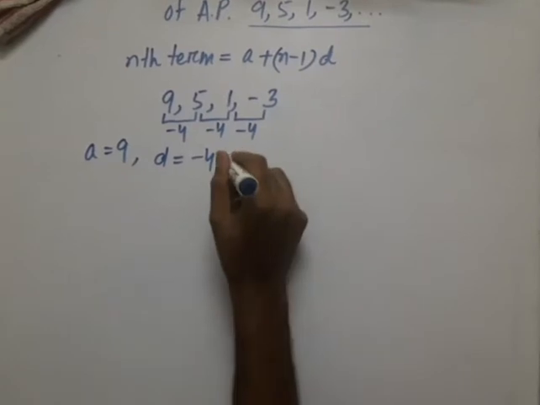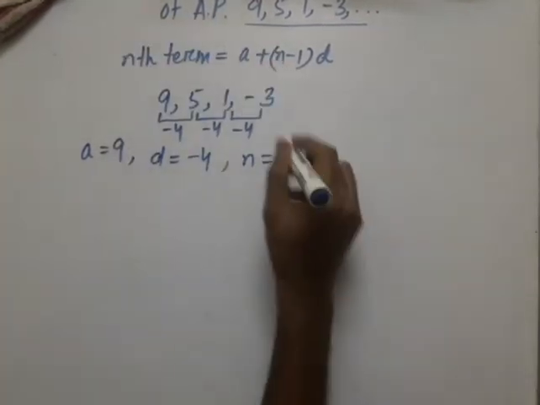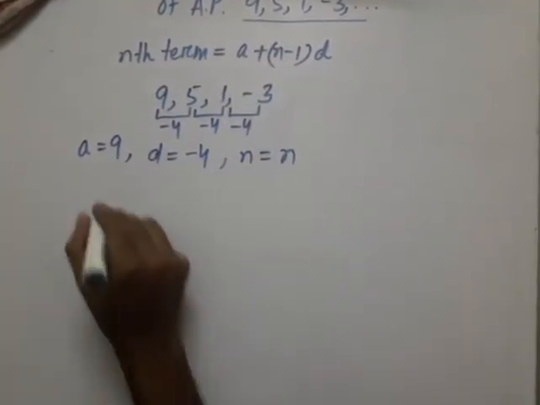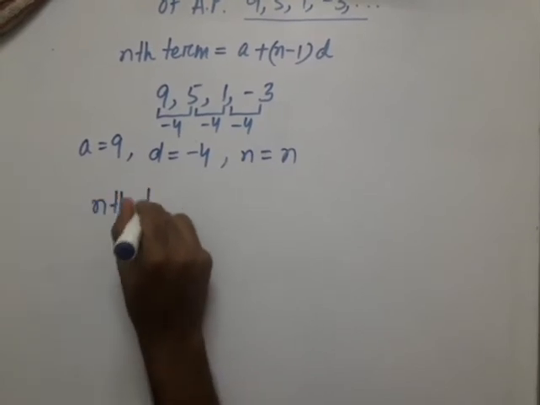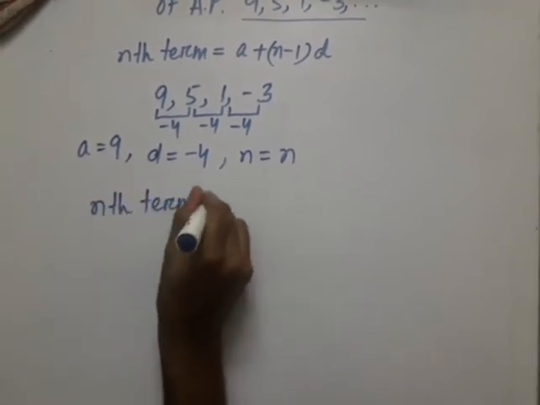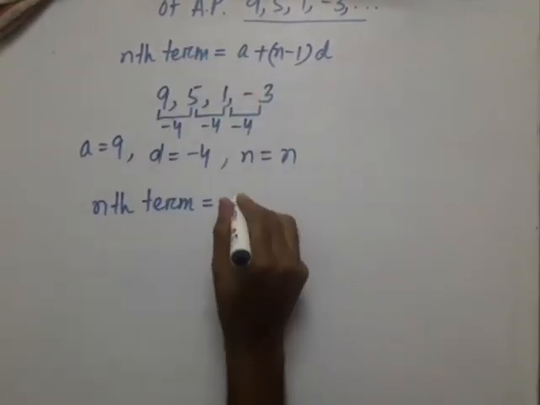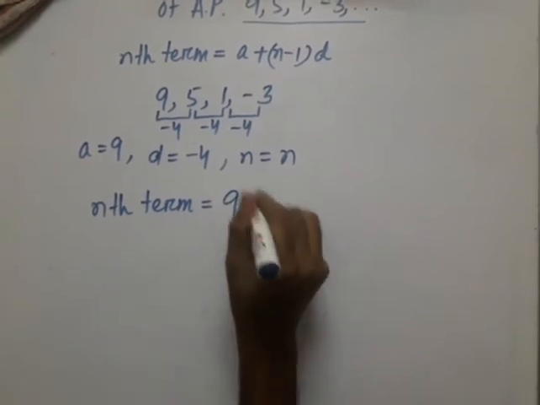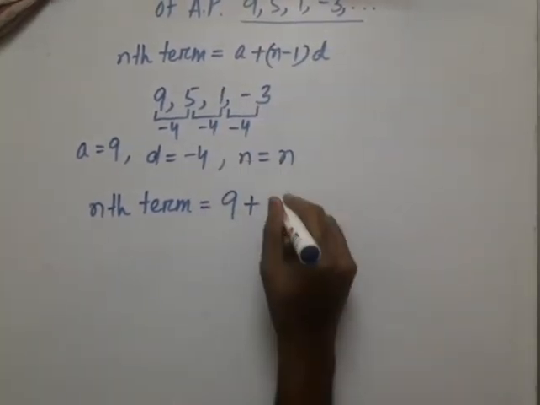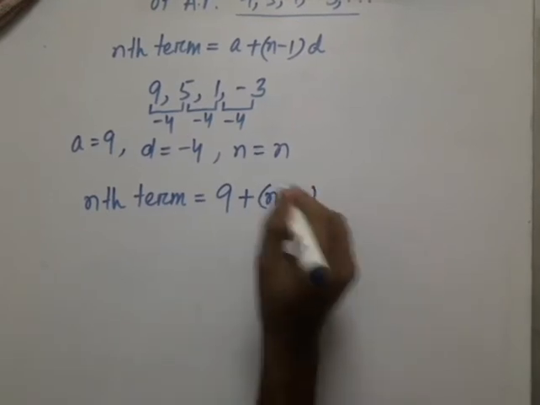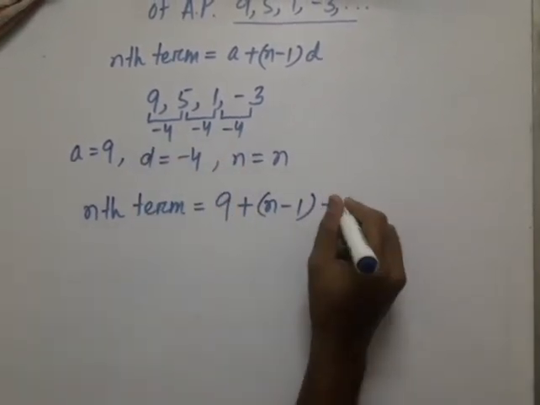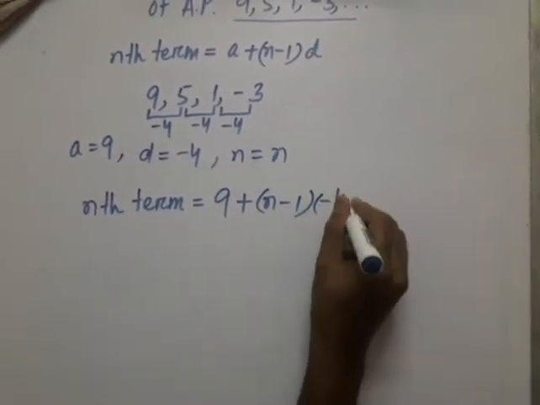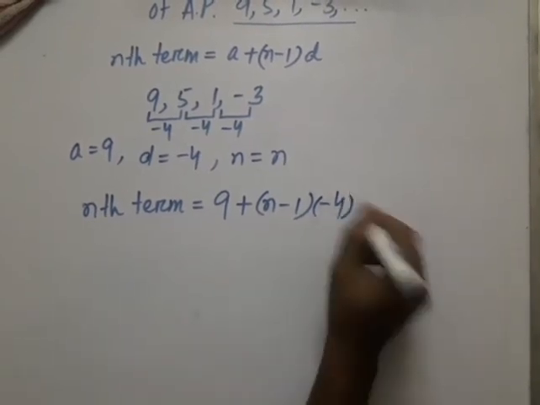So now an n here is given, the nth term only, and here is given n. Okay, so now the nth term we have is equals to a, 9, plus n minus 1, n is n, we know, and d is minus 4. Okay, let me put the bracket here.